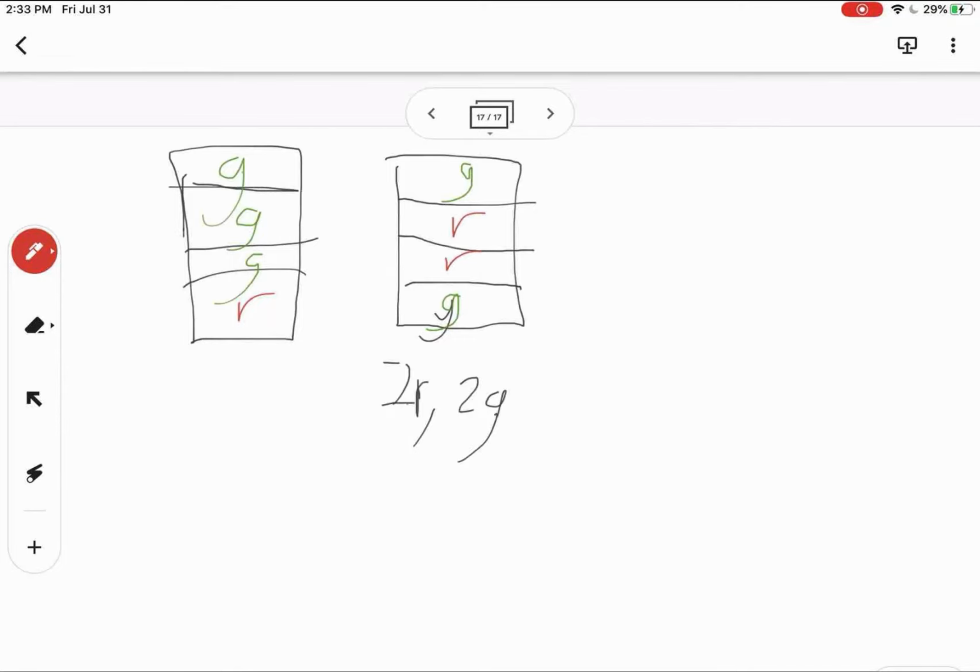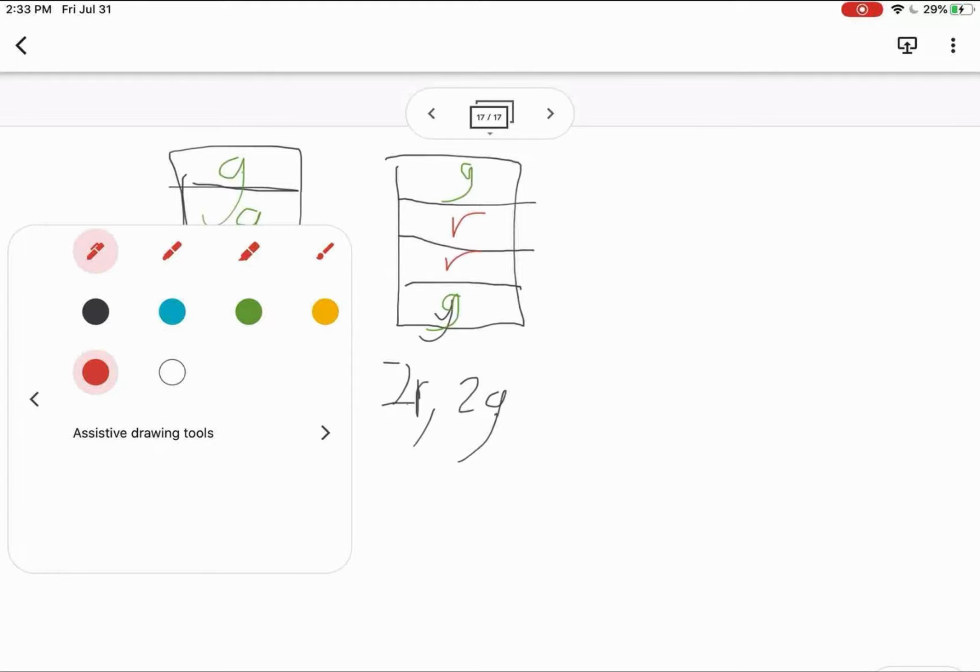Or we can have something like three reds and one green, right? But the point is, if you have at least two greens, then the bottom thing must be green. So let's look at the other possibilities of the columns.